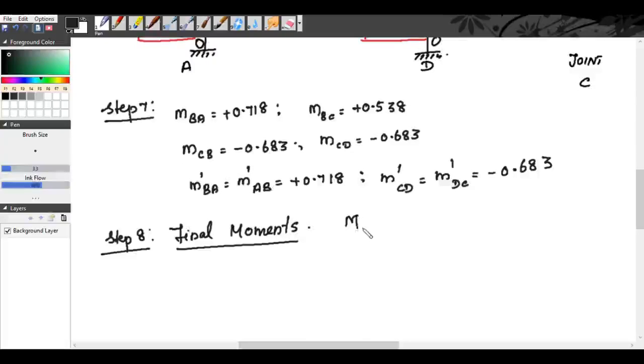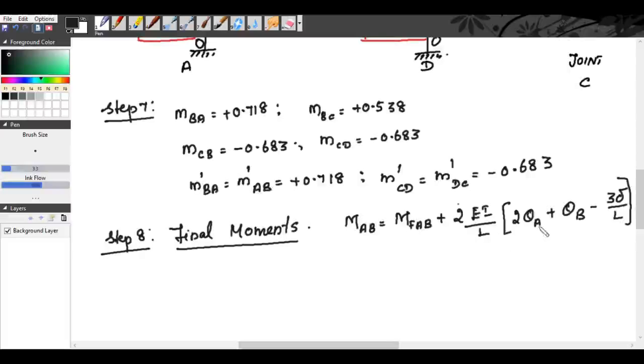So the final moment MAB will be equal to MFAB plus 2EI by L into 2 theta A plus theta B minus 3 delta by L. Actually, this theta A is the rotation at A, theta B is at B, and delta is the displacement of AB.